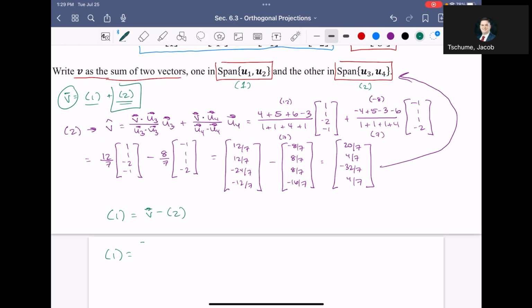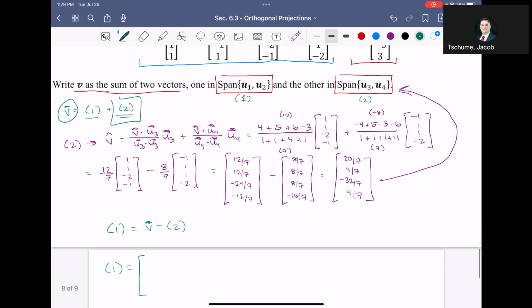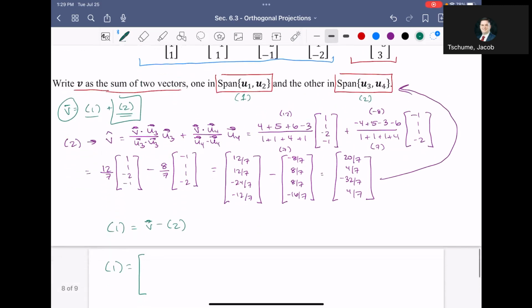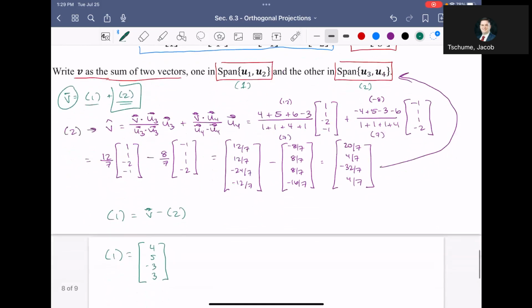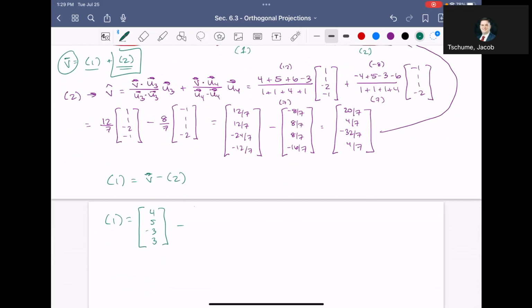Vector 1 will equal the original vector v, which is 4, 5, negative 3, 3. I got that right? Yep. And then we are going to subtract from this the vector 2 we just found, while it is ugly, which is 20 sevenths, 4 sevenths, negative 32 sevenths, and 4 sevenths.